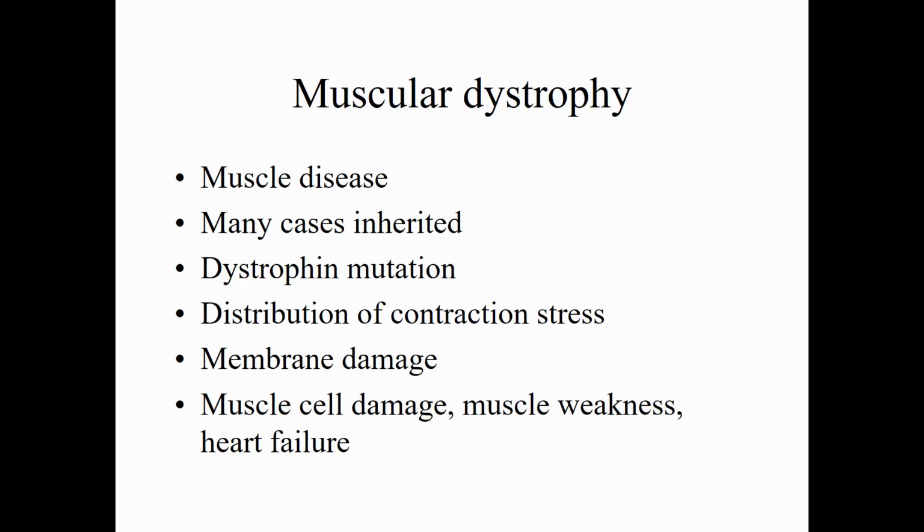If you're a girl, you have another X with another protein that can compensate for the loss of the mutated protein. If you're a boy and you have a mutated gene on your X chromosome, you have a Y chromosome that does not have a normal gene and cannot compensate. So boys tend to have Duchenne's more than girls. Girls can have it, but only in certain conditions.